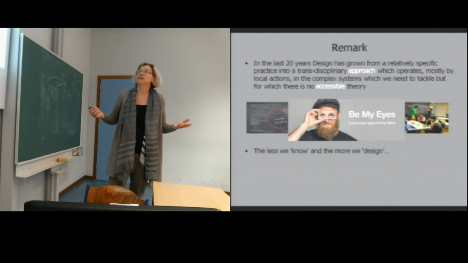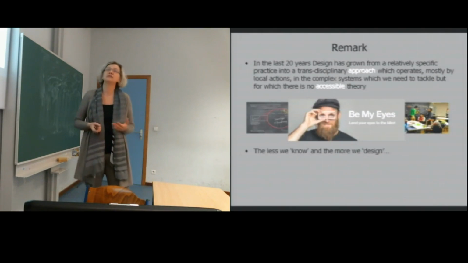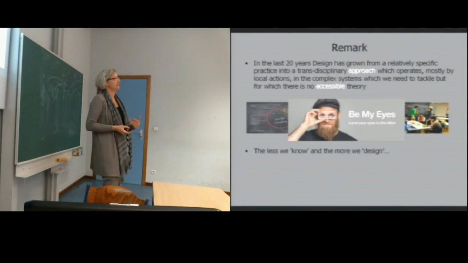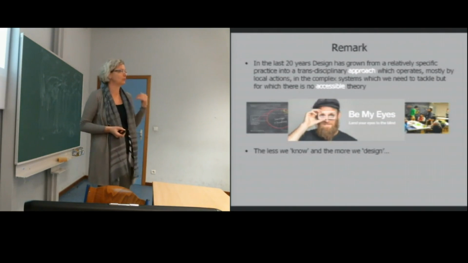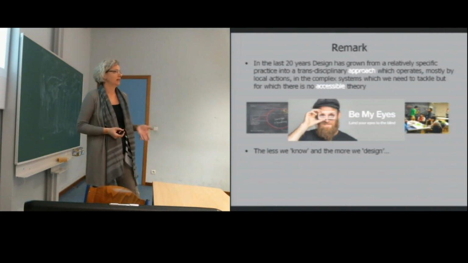This is a remark. In the last 20 years, which I find very interesting, design used to be something ultimately specific. It was about adapting the requirements of an object to industrial production. Point. This is where it started.